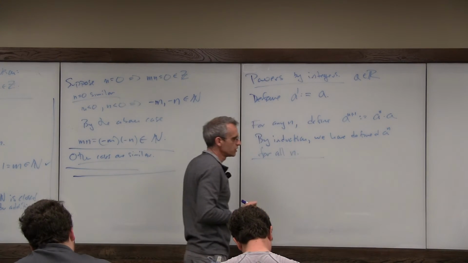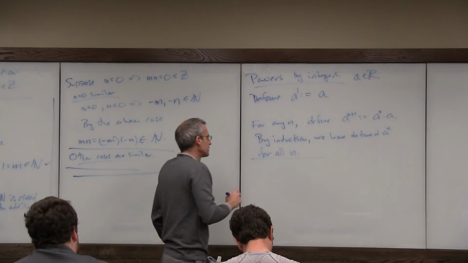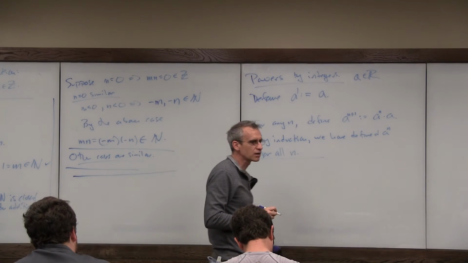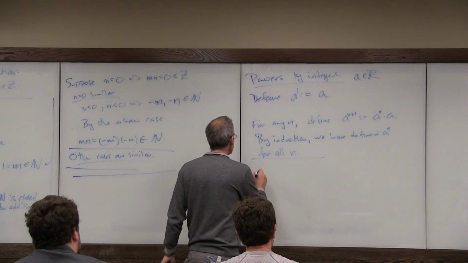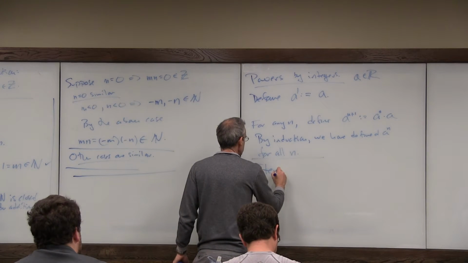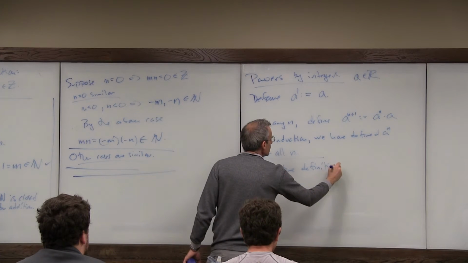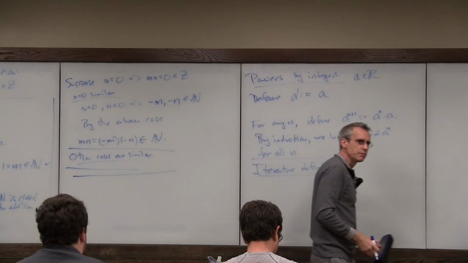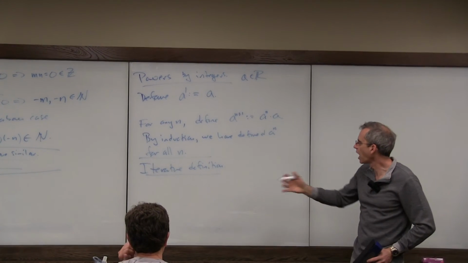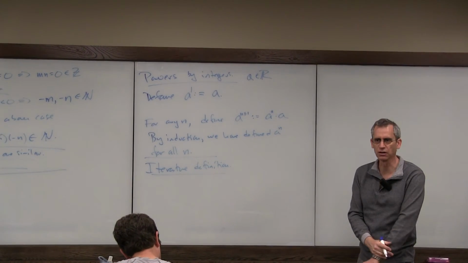Now this kind of definition has a special name. Some people refer to it as an inductive definition, but more often it's called an iterative definition. And these come up a lot in mathematics because sometimes you want to define something for all n, and we'll see a little of that later, right?